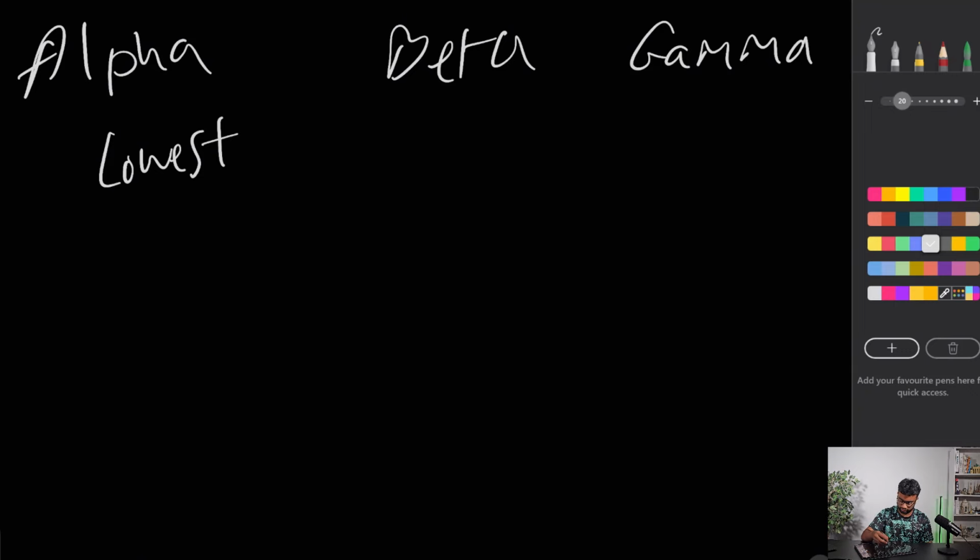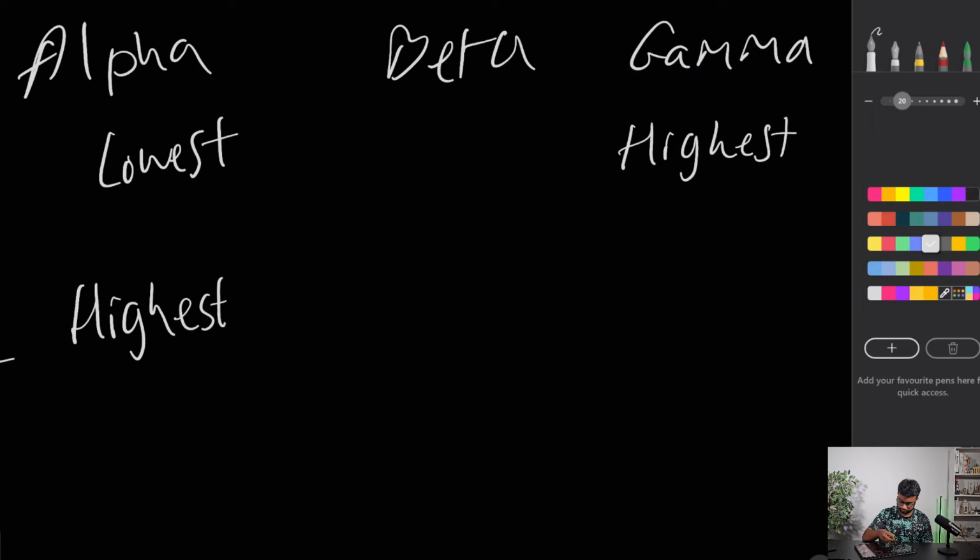So beta will have the next most, and gamma will have the highest penetration. And in terms of ionization, it's the opposite. So alpha has the highest ionization power, and gamma will have the lowest. And that is how you answer this question.